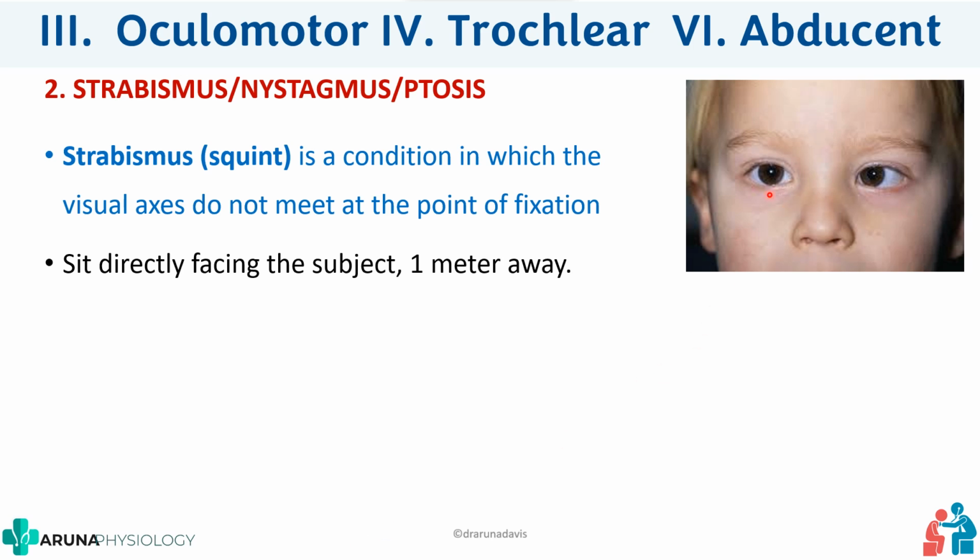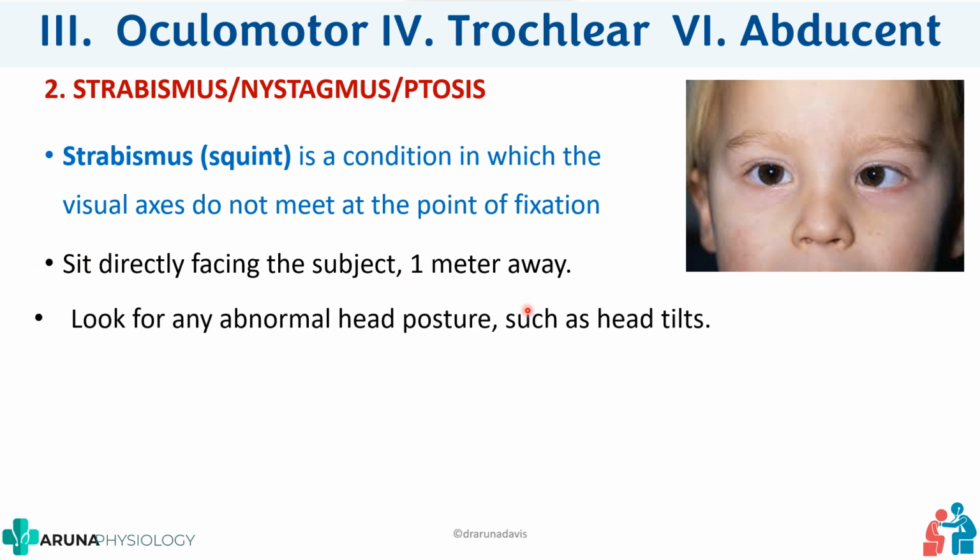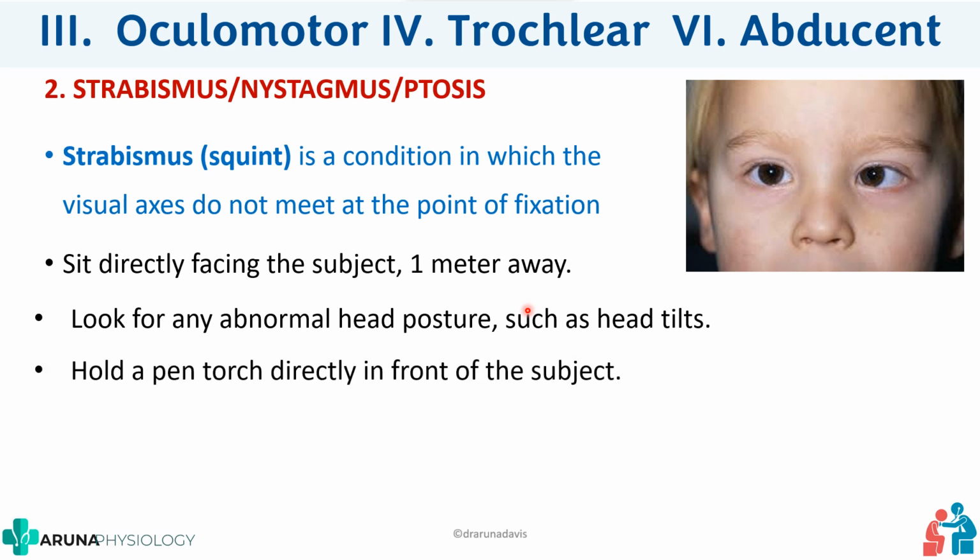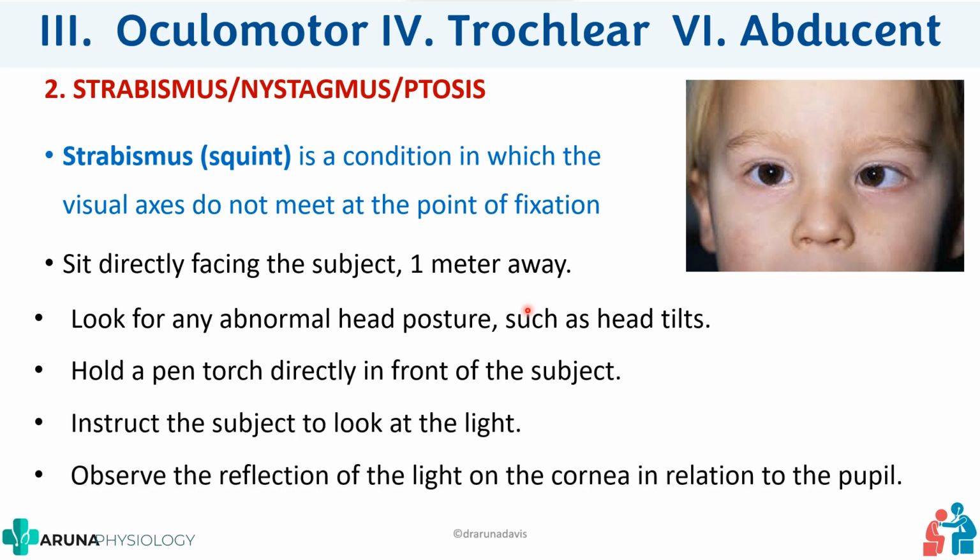To test that, you can sit directly facing the subject around 1 meter away. Look for any abnormal head posture such as head tilt, and then you can shine a torch directly in front of the subject, ask the subject to look directly at the light, and observe the reflection of the light on the cornea in relation to the pupil.